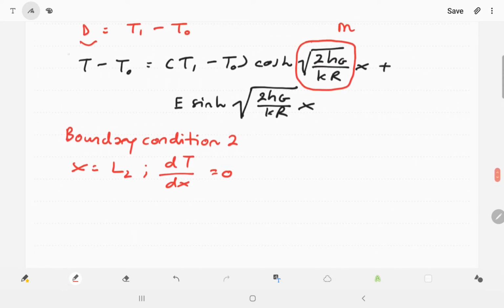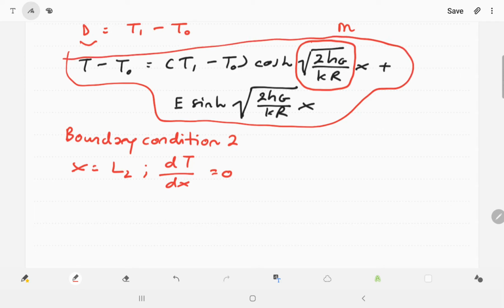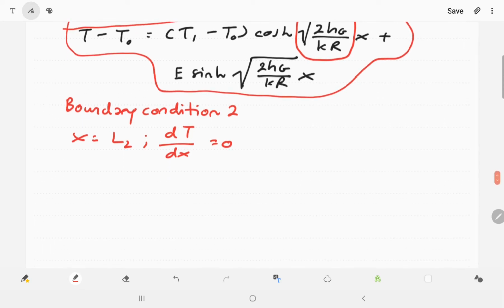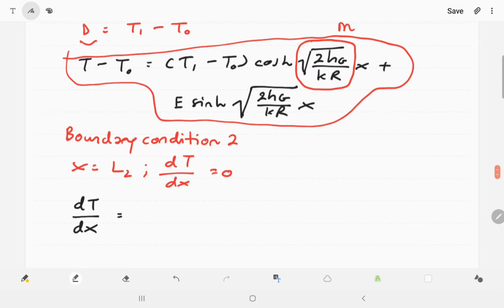So now we get the expression of T minus T naught. What we need to do further is get the expression for dT per dx. So we simply differentiate this equation in here.